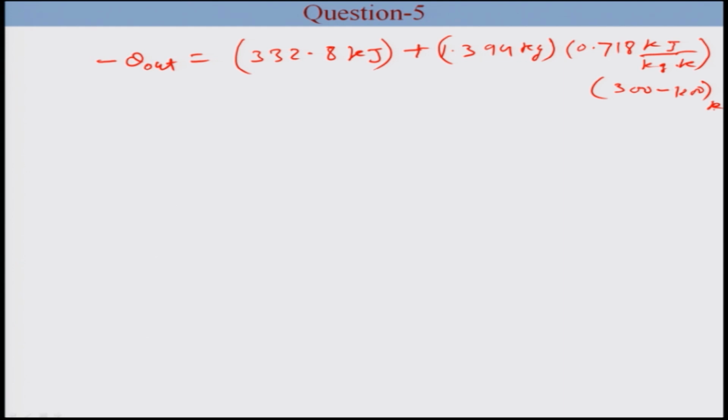This gives the total heat coming out of the system as 568 kilojoule. So this much amount of heat will come out of the system.